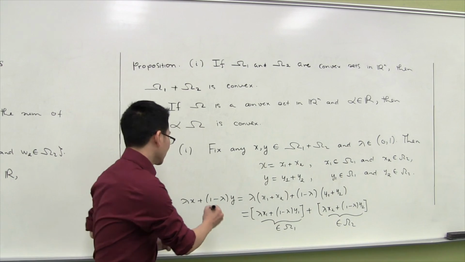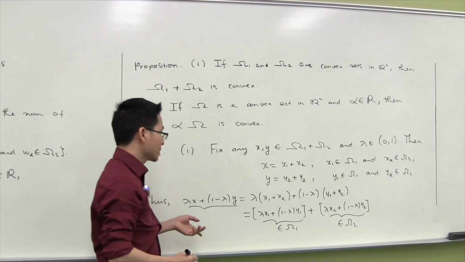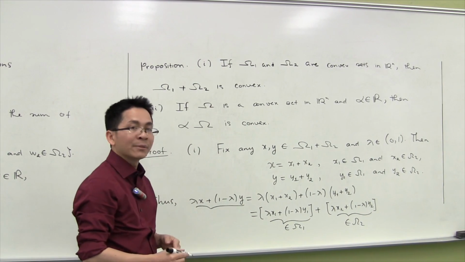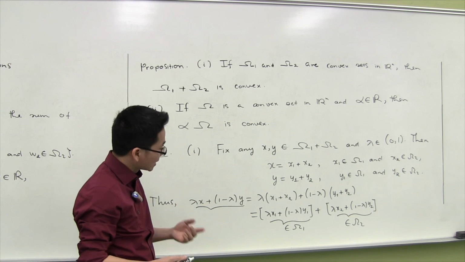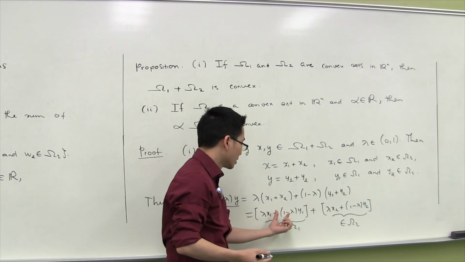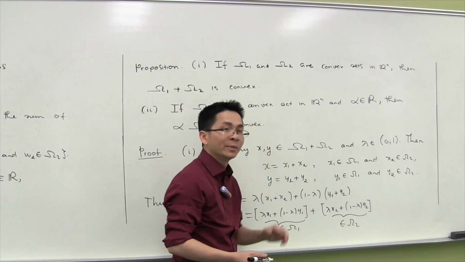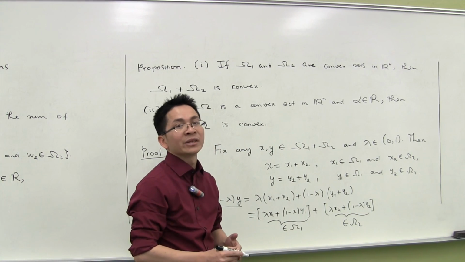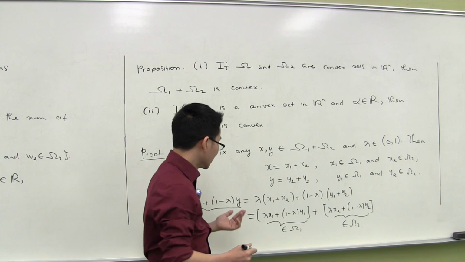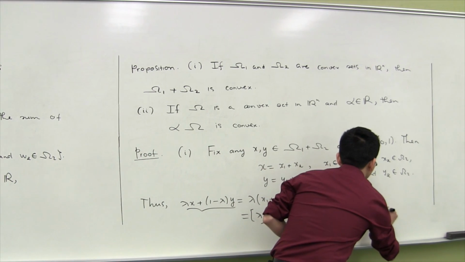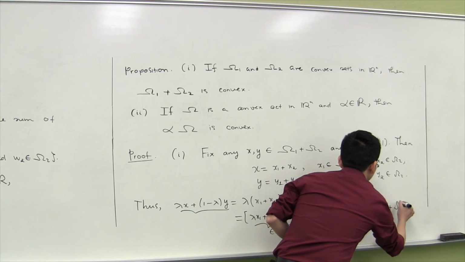Therefore, this element, lambda x plus 1 minus lambda y, can be represented as the sum of an element in omega 1 and an element in omega 2. So by the definition of the sum of two sets, this element belongs to omega 1 plus omega 2.